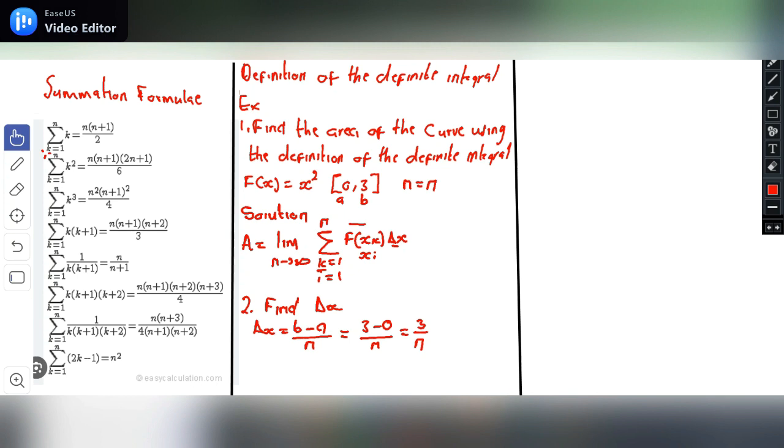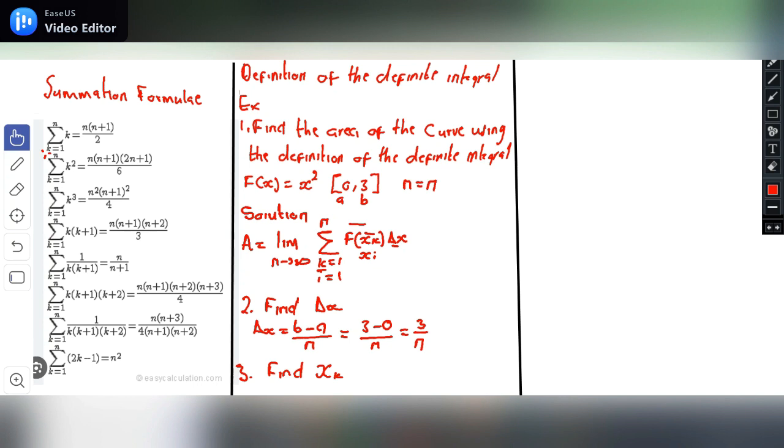So after finding these values, now in the third step we need to find xk. Where's xk? Here is in this formula, right? We need to find xk. How can we find xk? So most of the time this question, if you are not asked to find, let's say, to find the area using the left hand point or the right hand point, so you just have to always choose the right hand point.